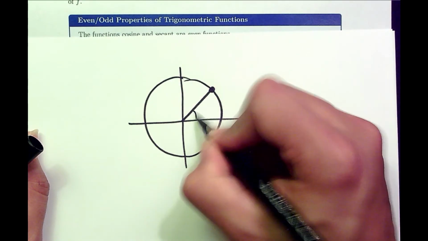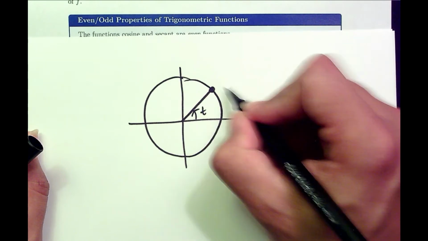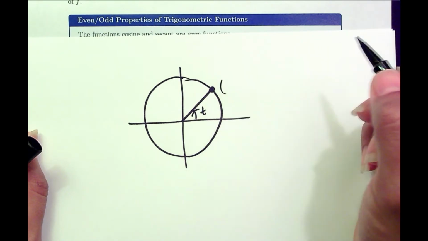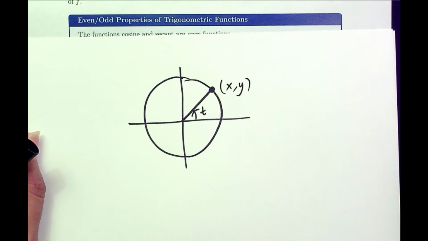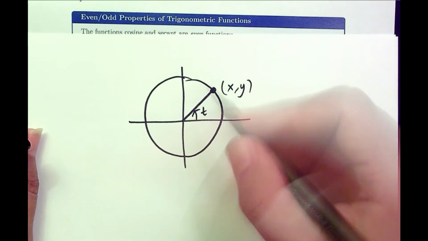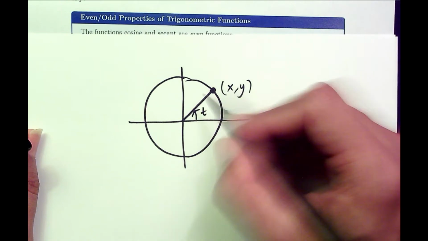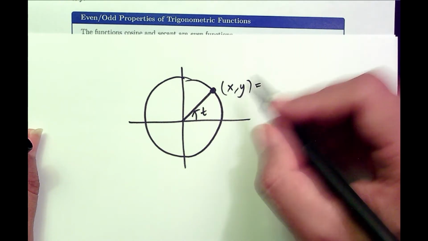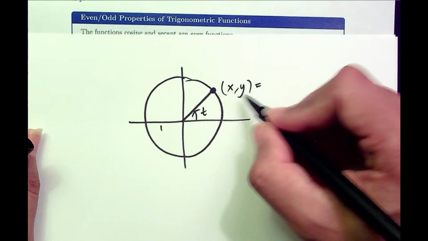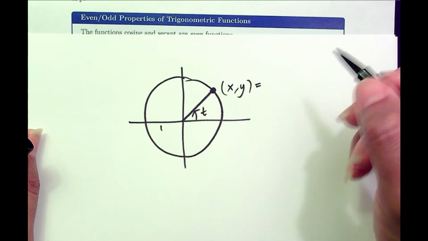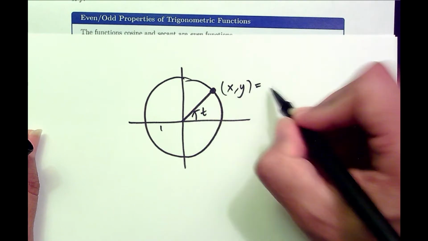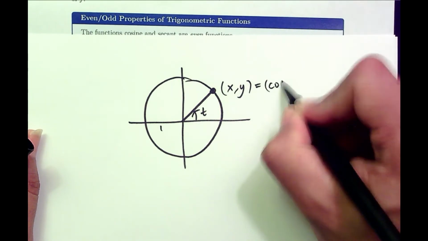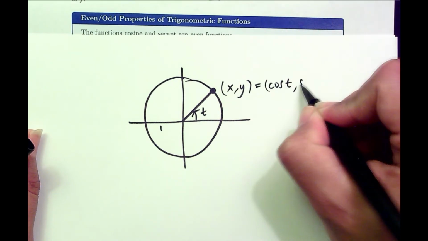So let's say this is our angle T. Then if that's our angle T, this is the point of intersection between the terminal side and the unit circle, and we know that the coordinates of that point can be expressed in terms of trig functions of the angle T: the x is just the cosine, and the y is just the sine.